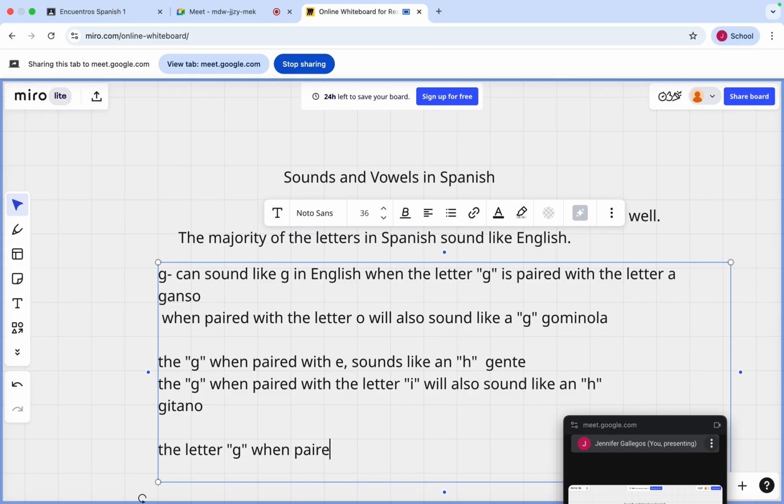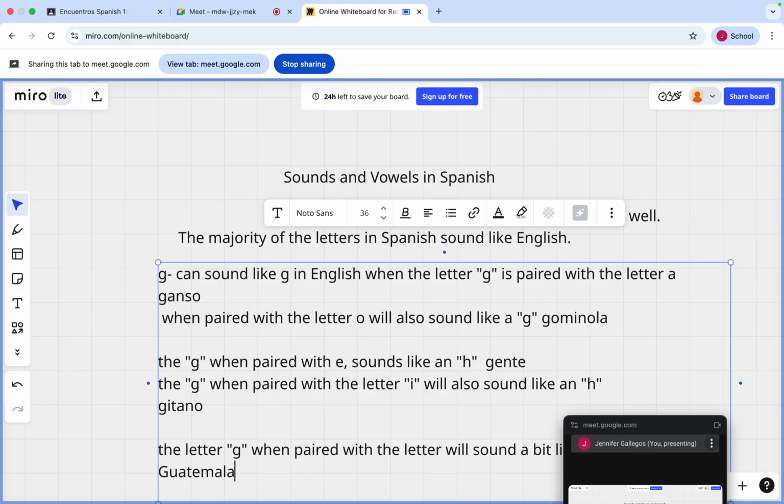the letter G when paired with the letter U will sound a bit like a W. Okay, let's look at this word. It's a country.